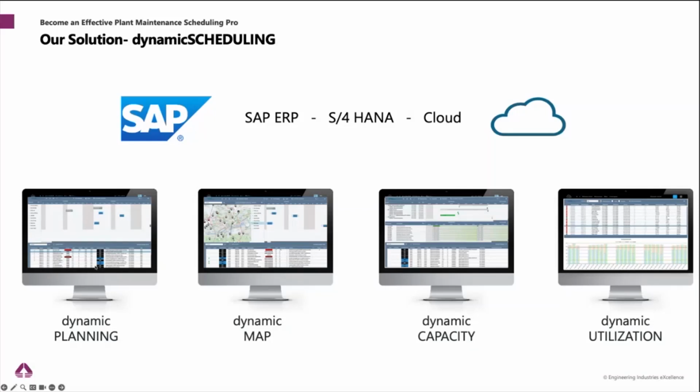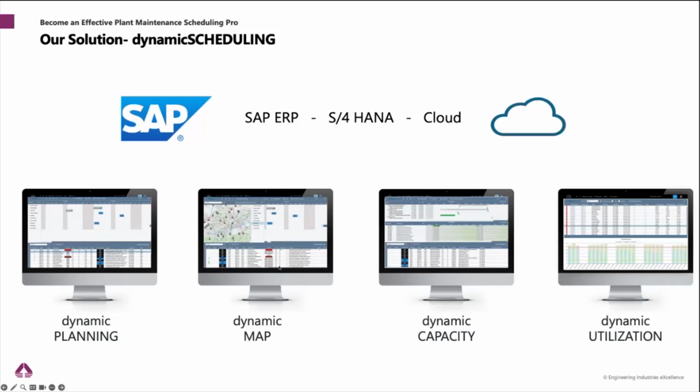The second component is dynamic map. That's mainly used for a customer service scenario, where the technician really travels on site to the customer. The classical case is, for example, you produce washing machines and sell one to the customer, and the customer calls you because there's a failure, and the technician needs to travel on site and do the repair work.